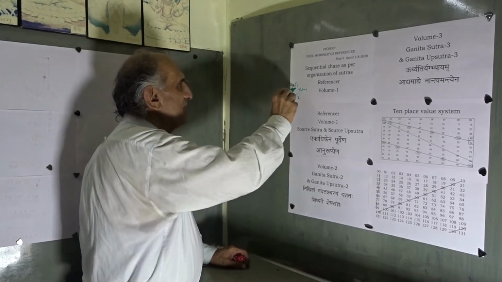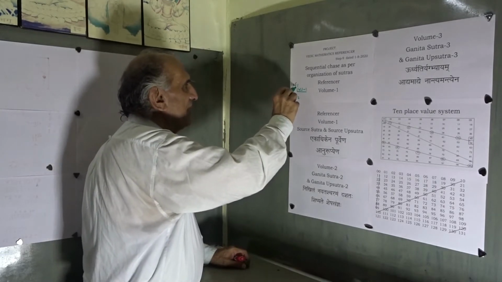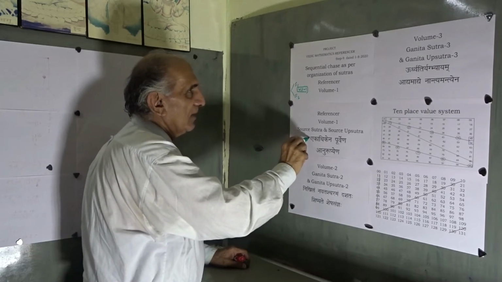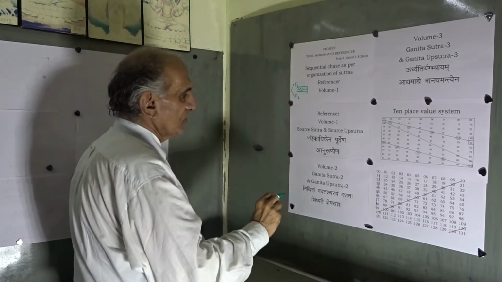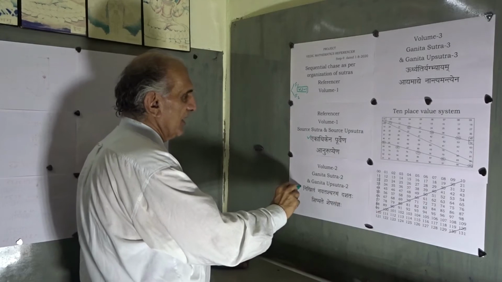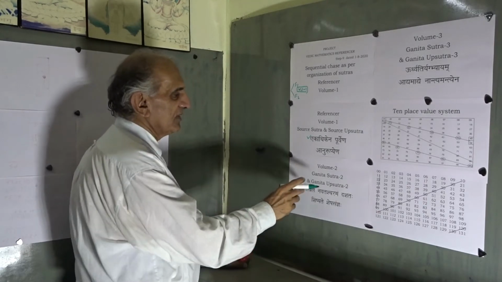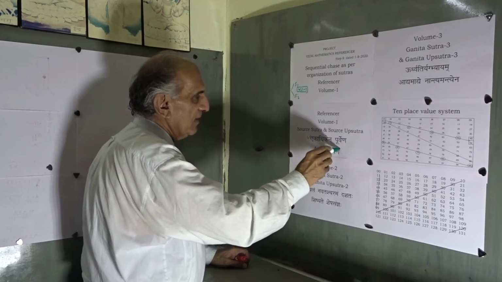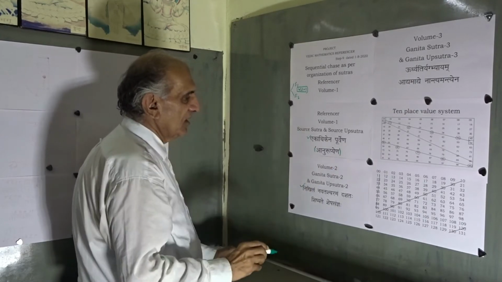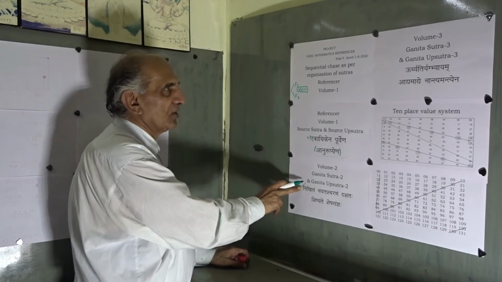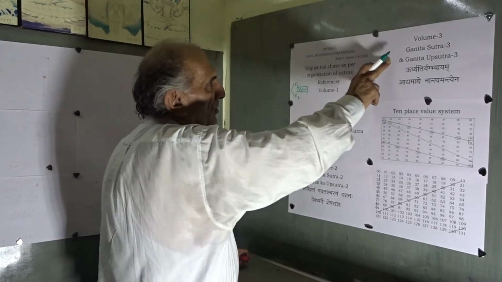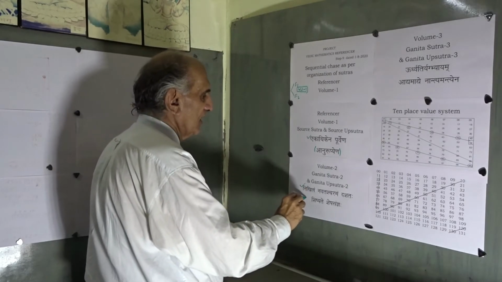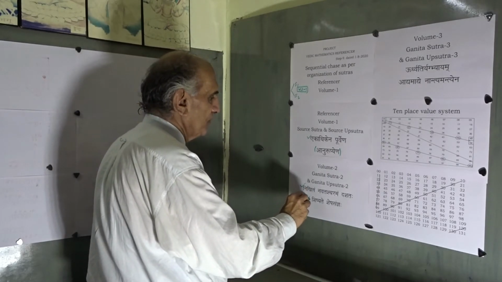This gap is bridged by Upsutra-1. Ganita Sutra-1 and Ganita Sutra-2 have a gap, and this gap is bridged by Ganita Upsutra-1, and sequentially the gap between Ganita Sutra-2 and Ganita Sutra-3 is filled by the Ganita Upsutra-2.